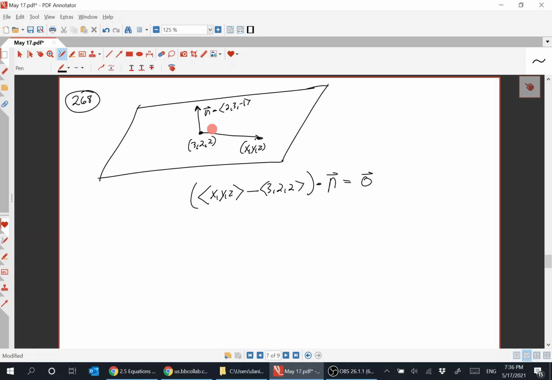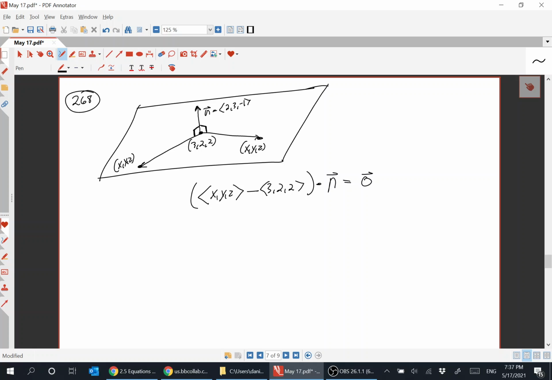They're perpendicular, because that's what the normal vector is. It's perpendicular to the plane. So any vector that's on the plane is also perpendicular to it.